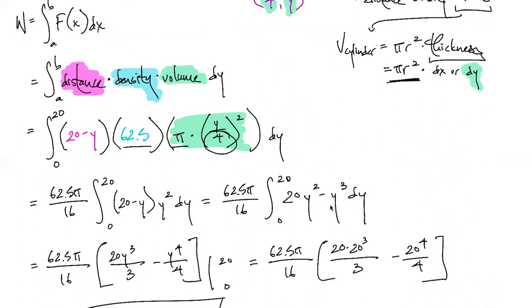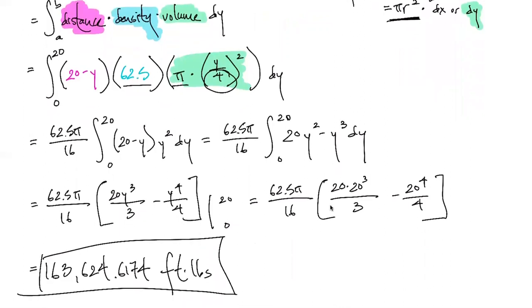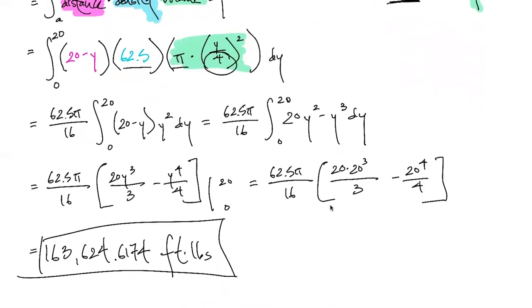So 20y squared minus y cubed became 20y cubed over 3 minus y to the 4th over 4. All right, and if you wanted to, for a calculator, you could turn it into a decimal, and if you wanted to leave your final answer at this stage right here, that was also fine, okay?